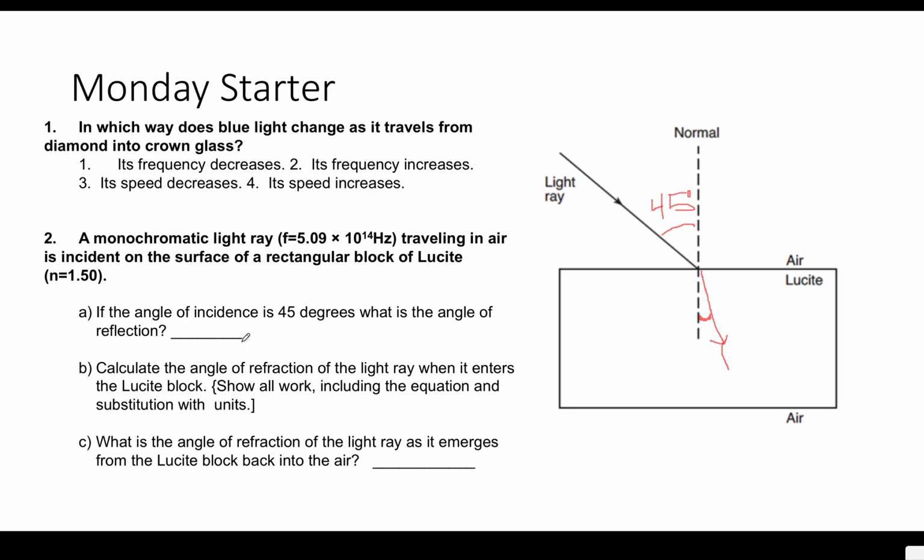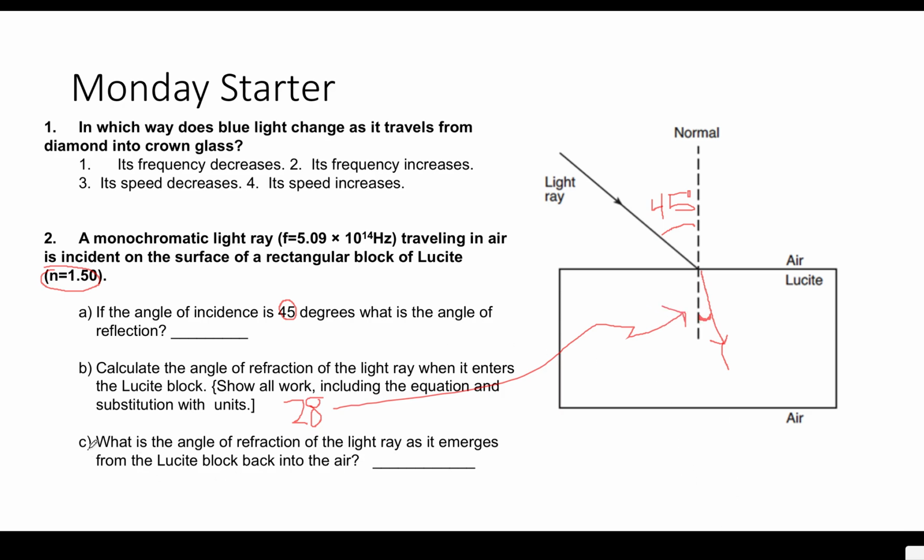Plug everything in: you have an incident angle of 45 degrees, a refractive index of 1, and the refractive index of the other is 1.5, and we're looking for theta. According to Snell's law, you should get something about 28 degrees here, and that's what you would put right in.